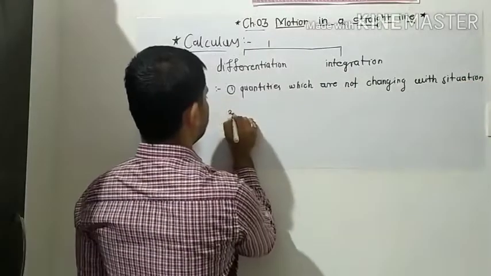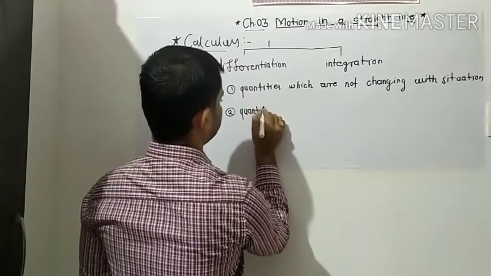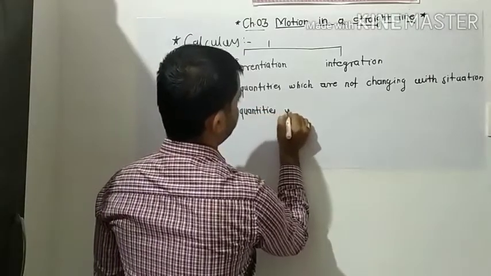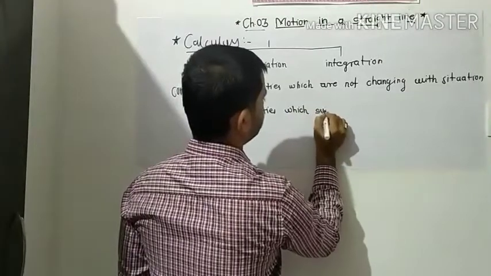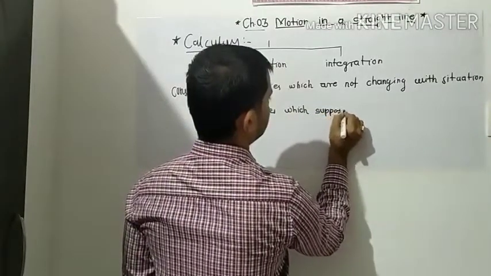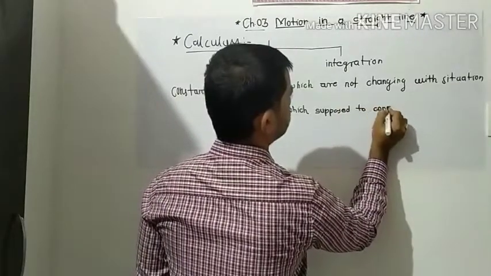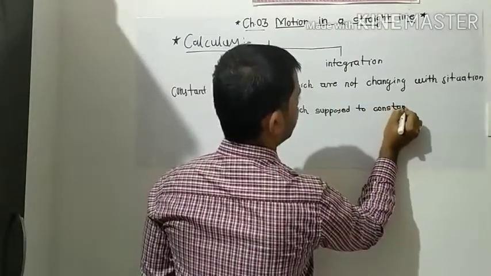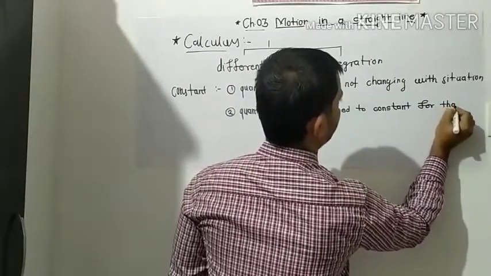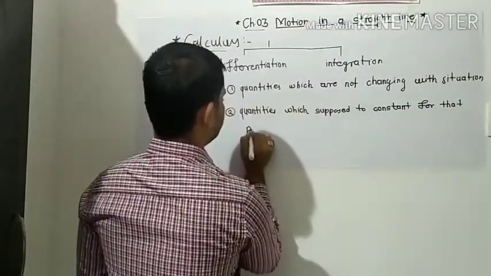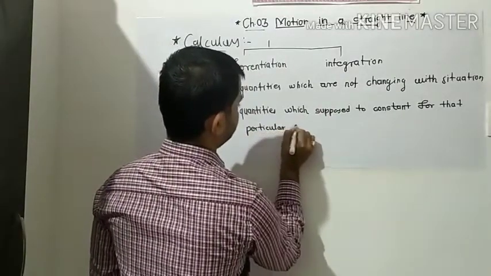And second, the quantities which are supposed to be constant for that particular situation.